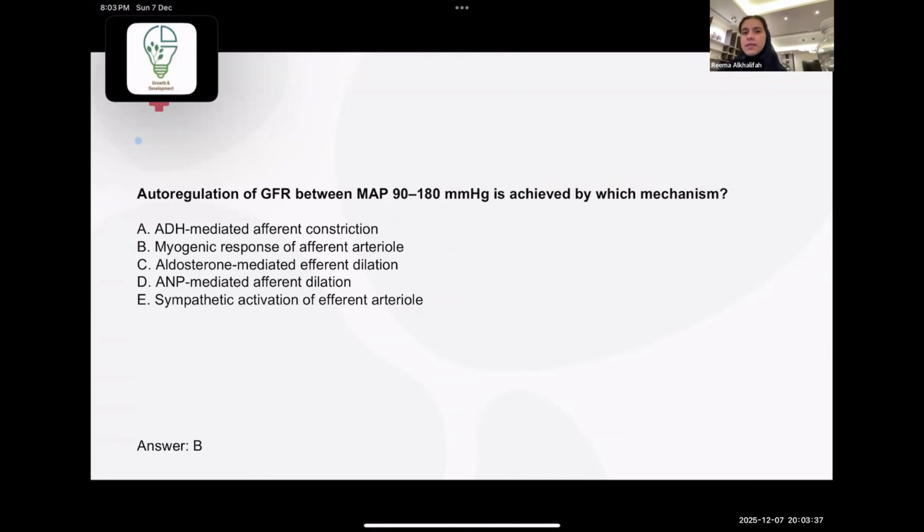Because again, let's recap. Blood pressure increases, so that causes the stretching of the afferent arteriole, which will ultimately cause the rise in calcium levels in the smooth muscle cells of the vessel. And finally, this will cause the constriction of the arteriole to help bring blood pressure back to normal.